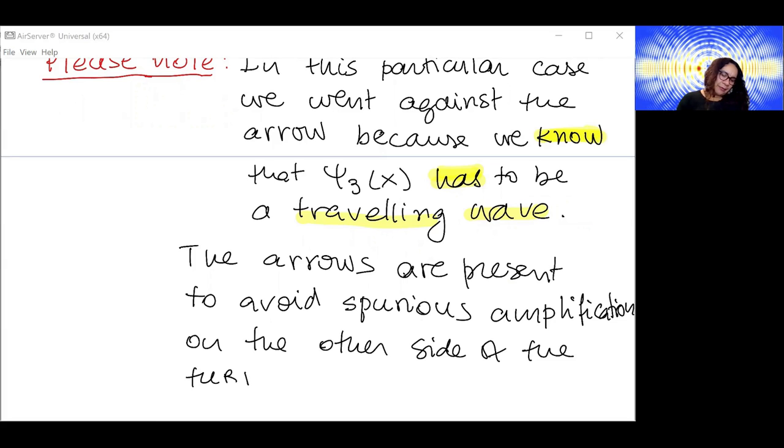So you have to be careful. And the best way to start solving a problem where WKB is used is to start from a region where you really have no ambiguity with regard to the solution. Because then you can do certain things, but you must be careful.